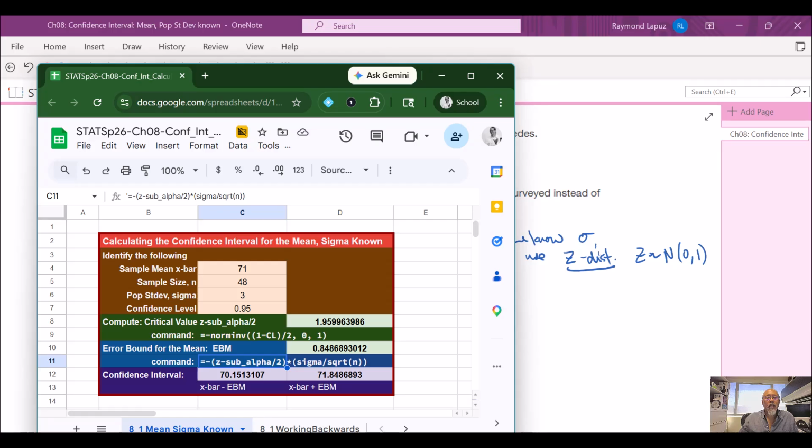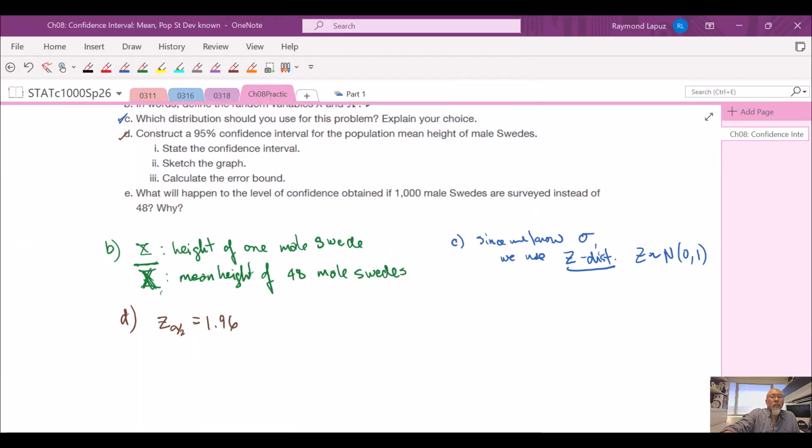So I see 0.8486. I'm going to go 3 decimal places here as well. That's going to be 0.849. So our EBM, our error bound for the mean, is 0.849.